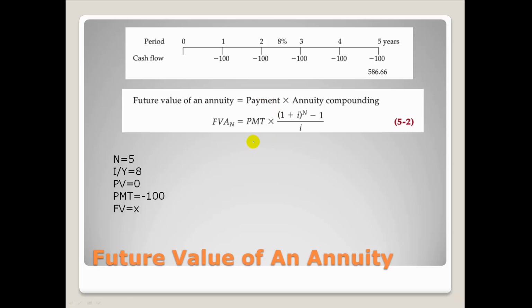So think of a bracket right here and right here. You're taking that payment and multiplying it by the entire calculation inside these brackets.